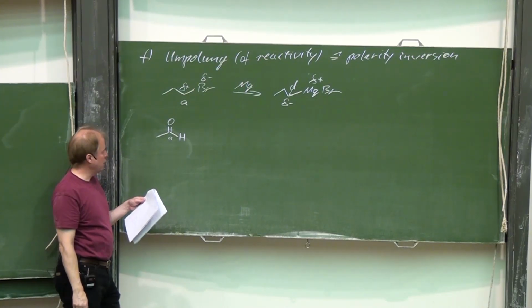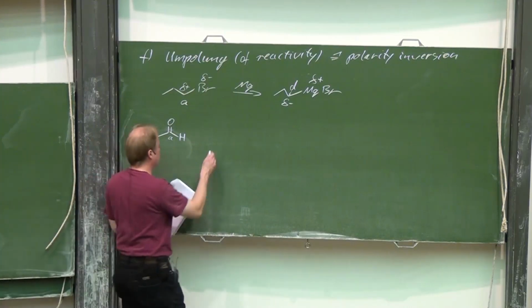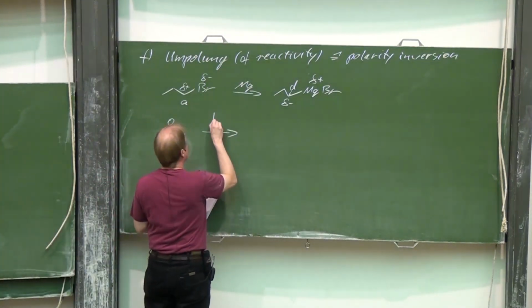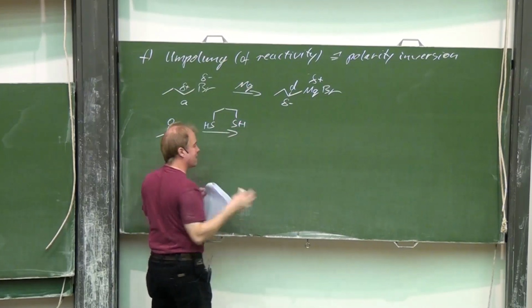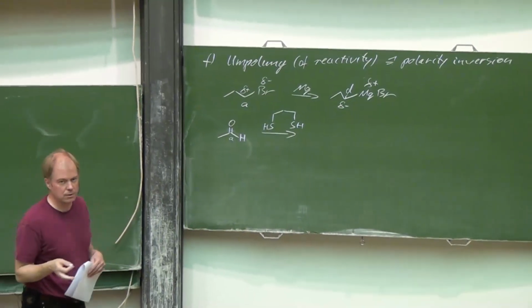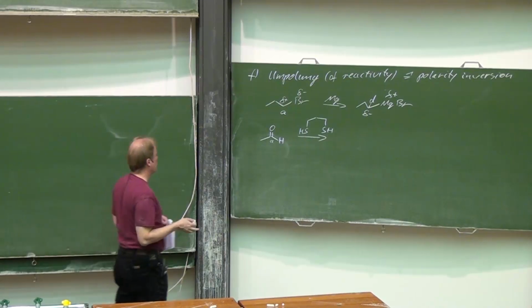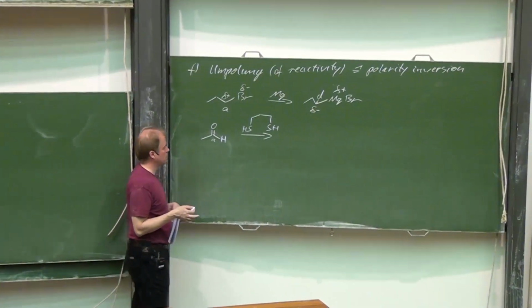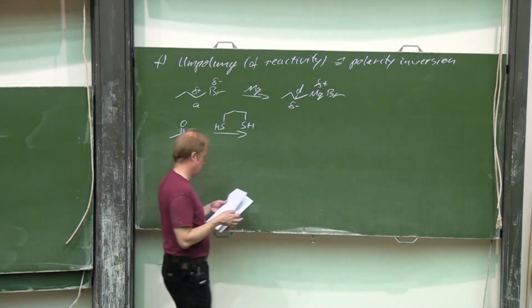If we need donator reactivity there at that carbon, we have a couple of methods to achieve that. This one is the classical method by Dieter Seebach, who introduced the term Umpolung, and he was a professor at the ETH in Zurich.